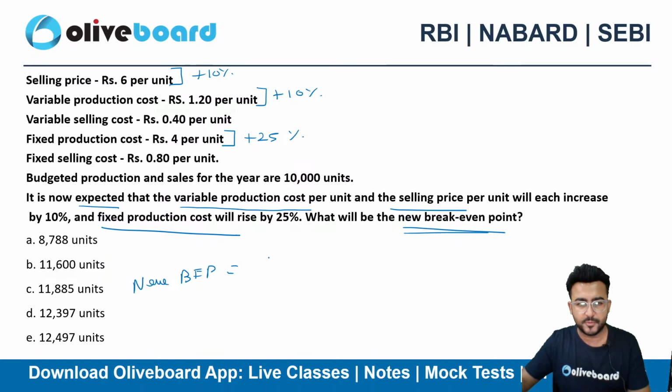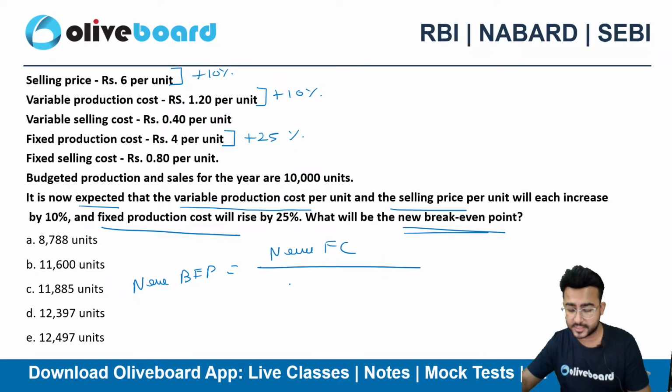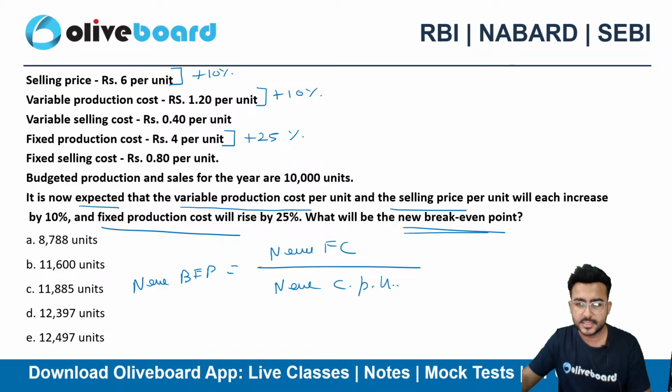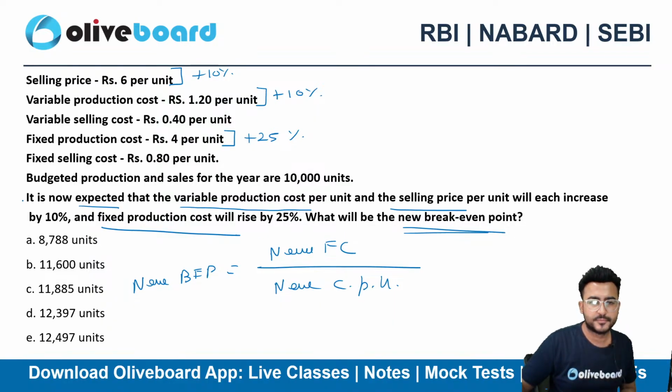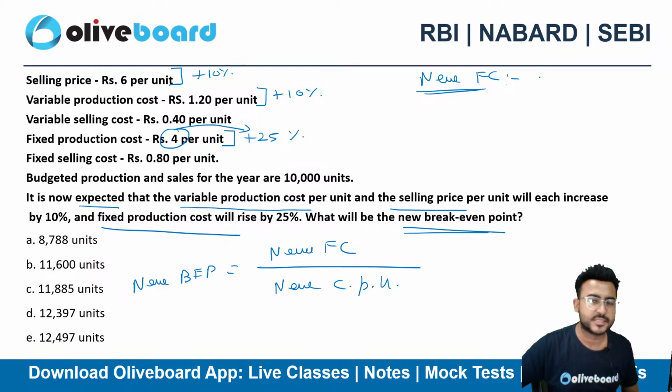Obviously, the new BEP will be the new fixed cost, because fixed cost is changing now, divided by the new contribution per unit. Why? Because selling price and variable cost both are changing. So what is the new fixed cost here? ₹4 per unit plus 25% means ₹5, plus 0.8.